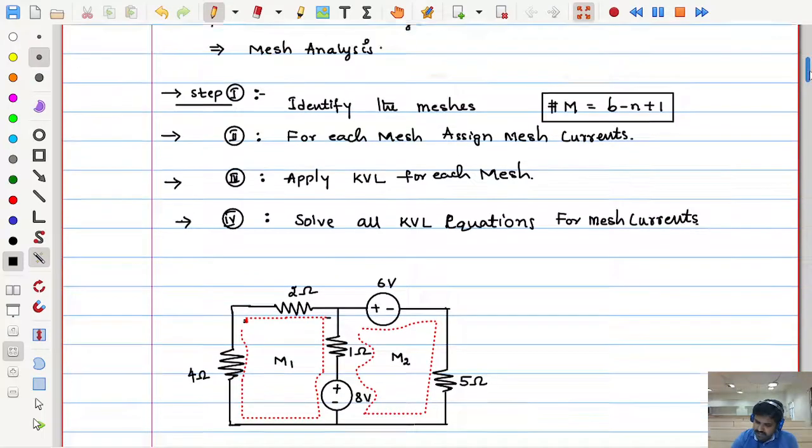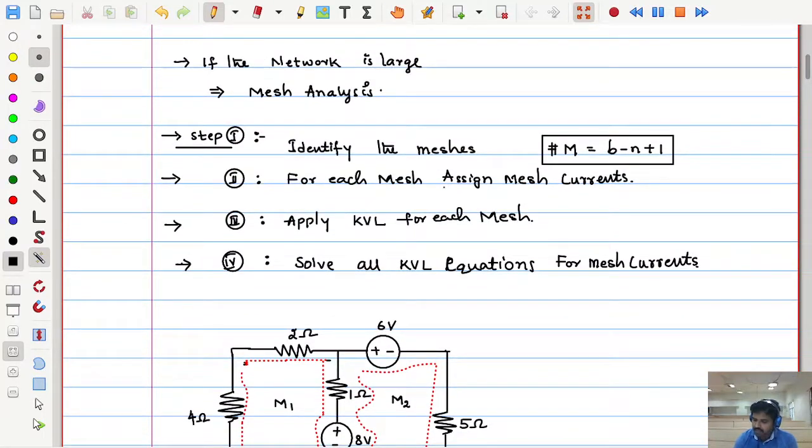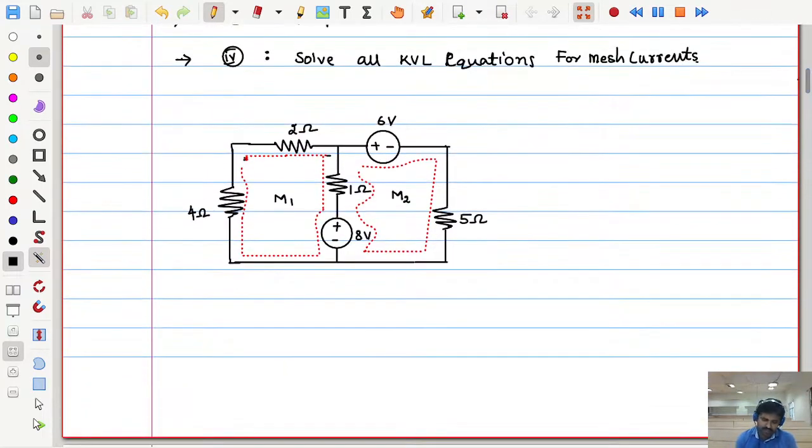Now the next step is to assign a mesh current for each mesh. We will always try to assume clockwise. You can assume anti-clockwise also, no issue, but I will consider it this way. The mesh currents are assigned in clockwise direction.